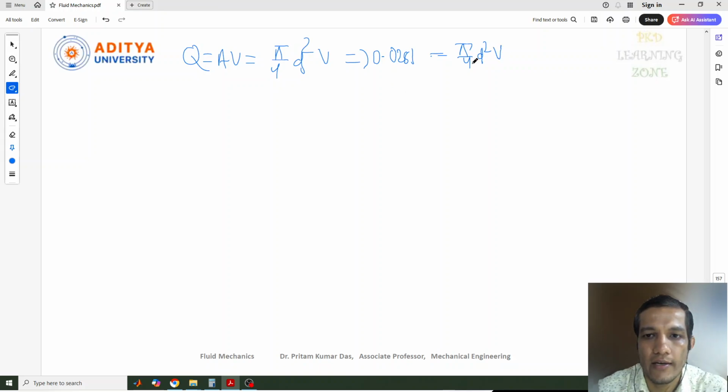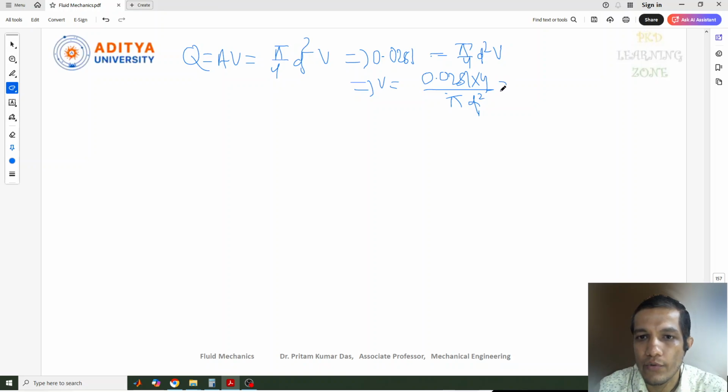So this one we can write in terms of V. If you write this one in terms of V, just keep it like this: 0.0281 into 4 divided by pi D square.